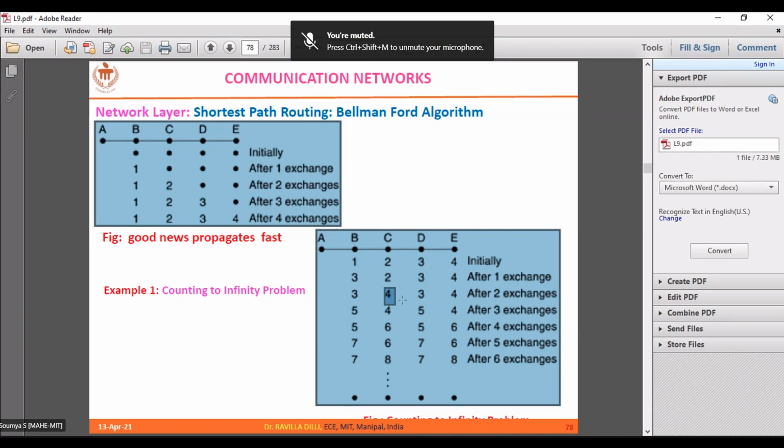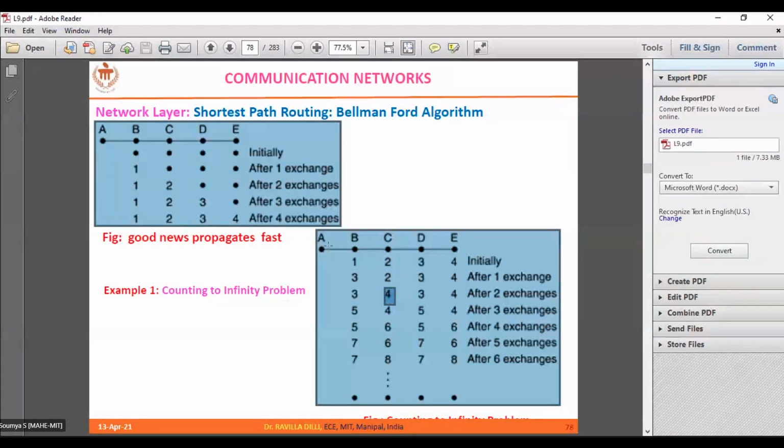Similarly, after 3 exchanges, there is an increase again, 7, 8. So what happens is, every time there is an exchange of hello packets, exchange of routing tables, the value goes on increasing. Why?